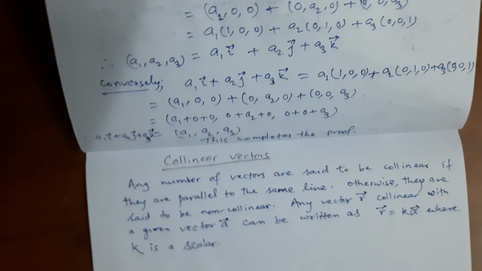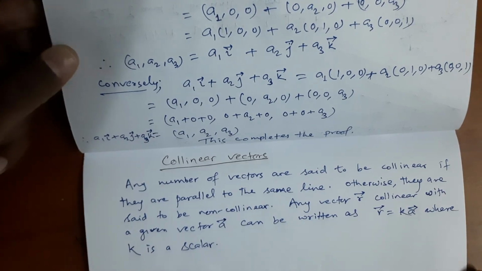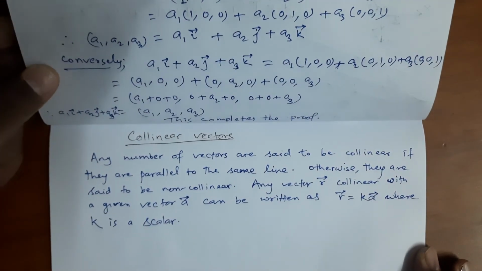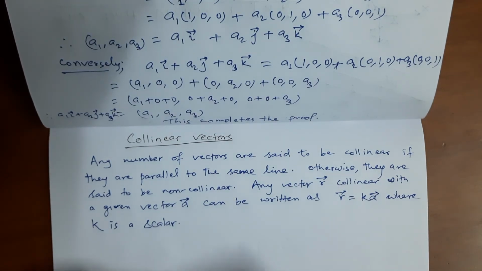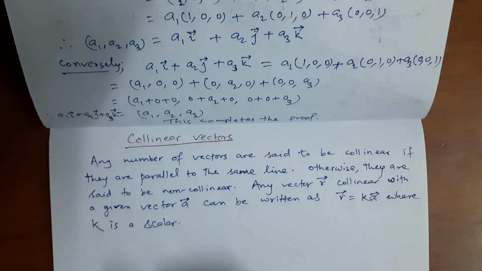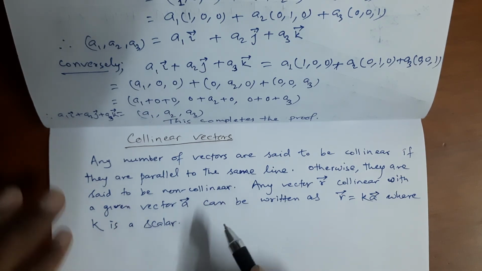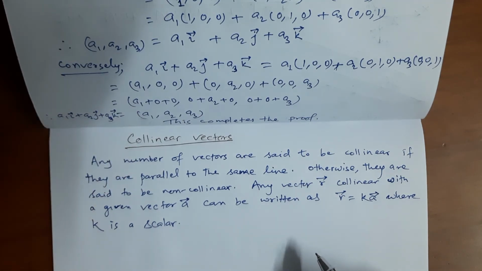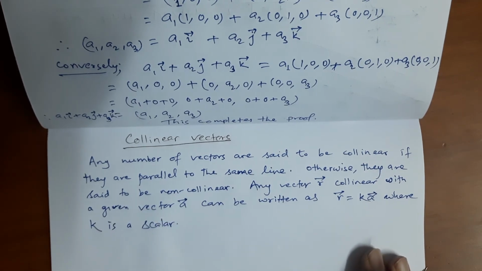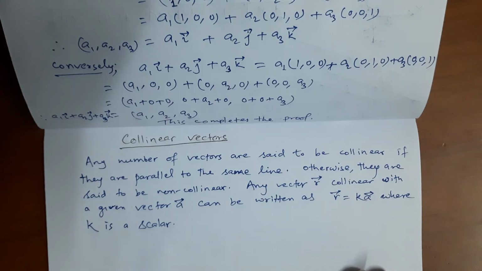Okay, so this collinear concept is used in coordinates as well as in vectors. In coordinates we say collinear points. Co means same, linear means lying on a line, so on the same line. Here we say collinear vectors. For points to be collinear in coordinates, they should lie on the same line.